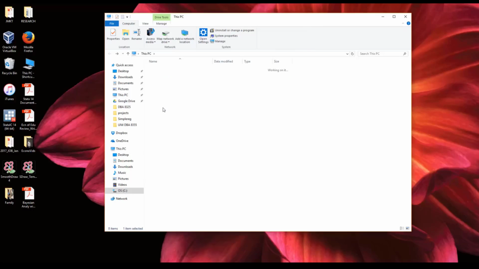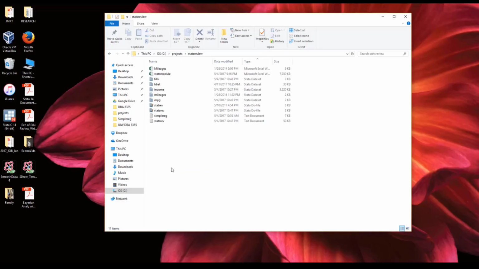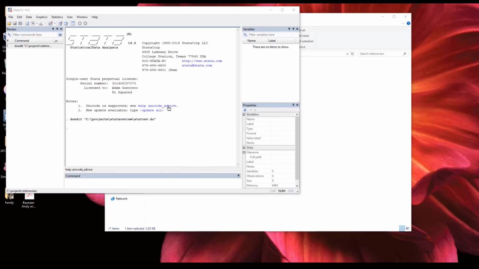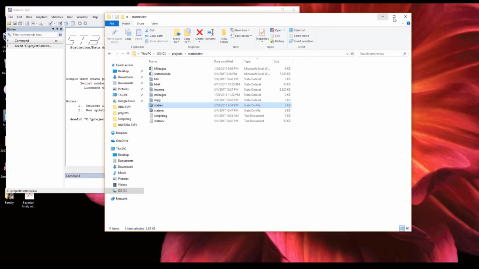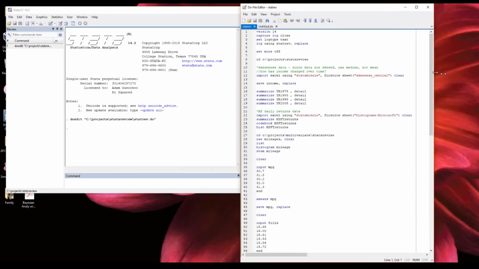If I click on my C drive and go to projects, there is a statistics review folder. And the program that I'm going to work from is stat review. There's also stats review. They're basically the same, but I'm going to work with stat review to recreate the stats review program. And this is what it looks like.